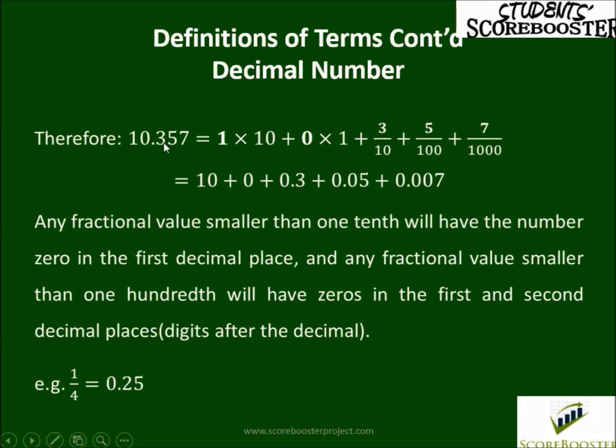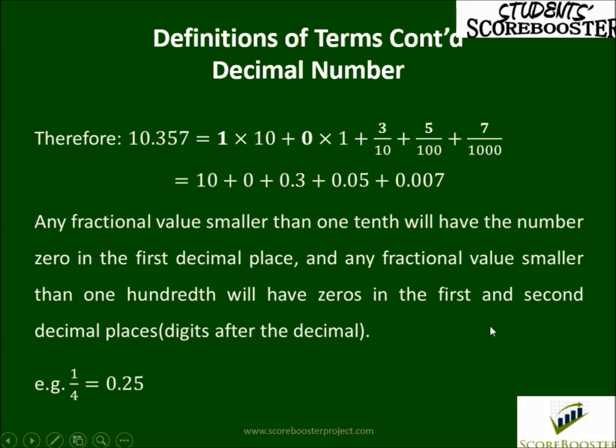Then 3 over 10 plus 5 over 100, and 7 over 1000. So you have 10 plus 0, plus 3 over 10, which is 0.3, then 5 over 100 is 0.05, and 7 over 1000 is 0.007. When you add everything together, you arrive at 10.357.